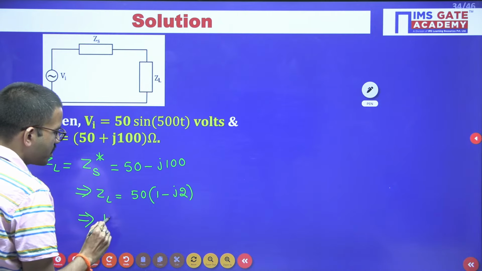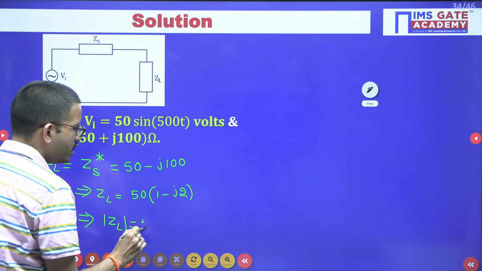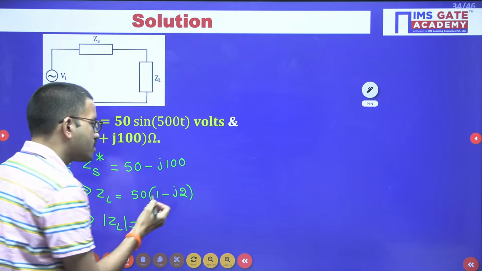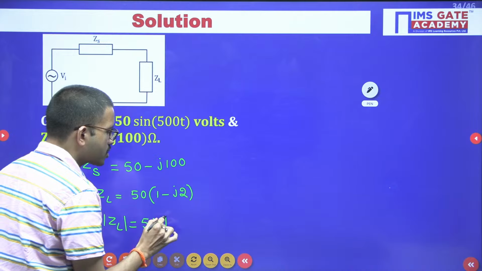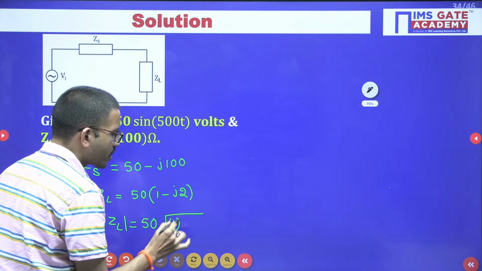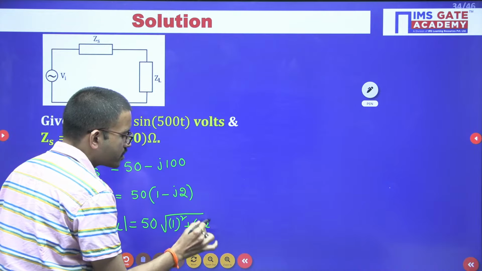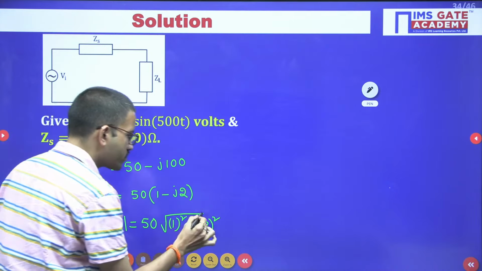The magnitude of the constant 50 stays the same, multiplied by the square root of A squared plus B squared, here 1 squared plus minus 2 whole squared.